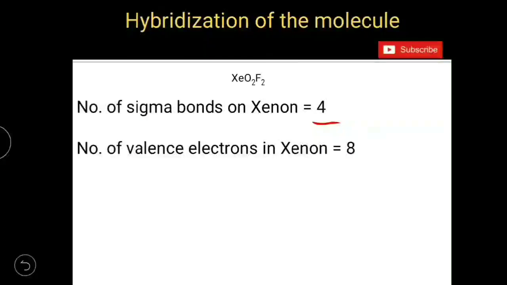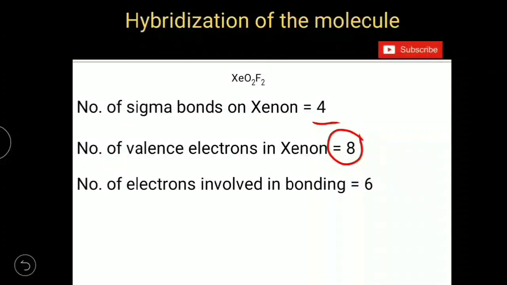And valence electrons present in xenon equal to 8. It's an inert gas element, noble gas element which has octet configuration. So valence electrons equal to 8. Out of 8, how many are involved in bond formation? You got 2 oxygen atoms. Oxygen is divalent.